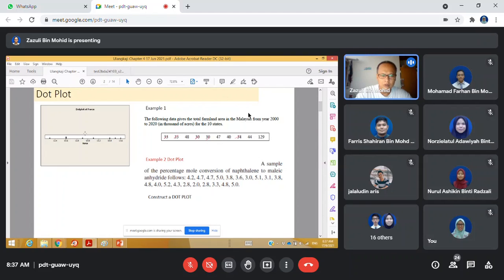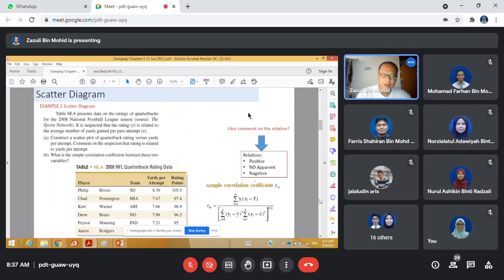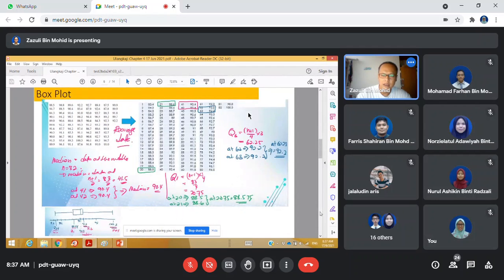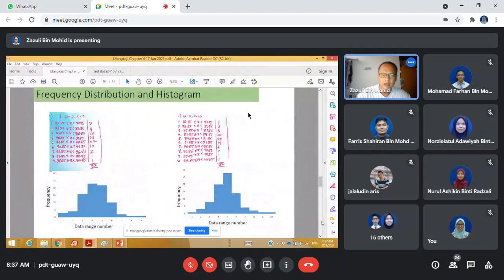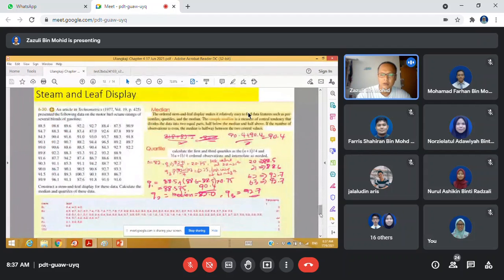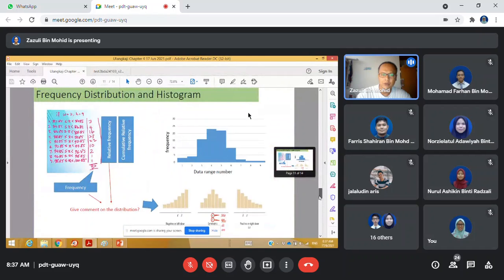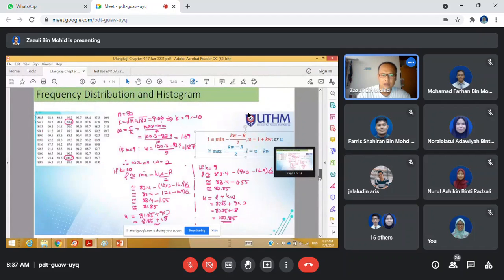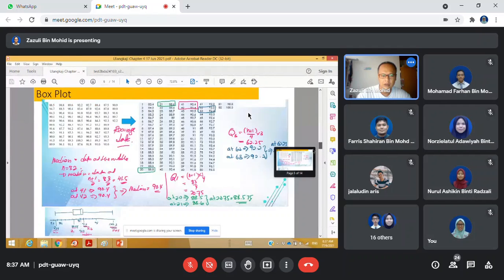This is a dot plot. You are only putting marks on a horizontal line, whereas the box plot is the other one with the whiskers. Okay, we will come to this.